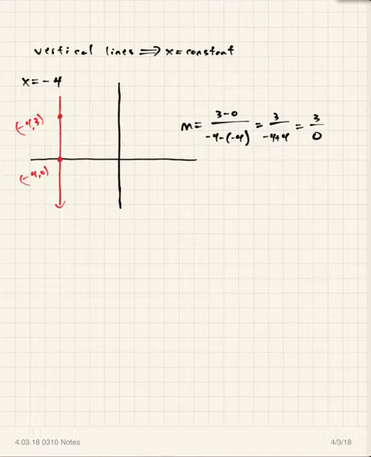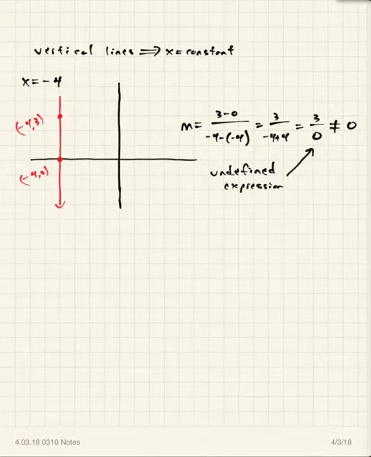Now please, please, please don't tell me that 3 divided by 0 is 0. This is not equal to 0. Right? 3 divided by 0 is an undefined expression. It has no meaning whatsoever. It's a meaningless expression. And so what happens here is that this vertical line doesn't have a slope, right?